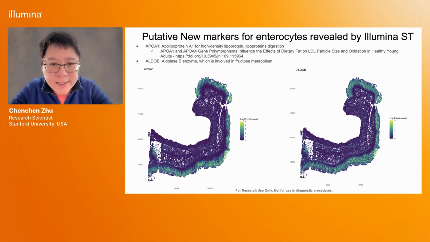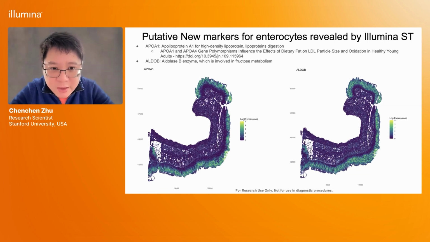One thing is that we can identify new markers for enterocytes. Here are two examples. I'm plotting two genes. One is apolipoprotein A1, an enzyme that's responsible for fat digestion in the intestine. And the other one is the aldolase B enzyme here on the right. You can clearly see their expression is co-localized with the enterocytes.